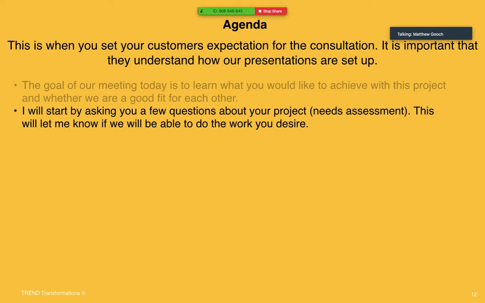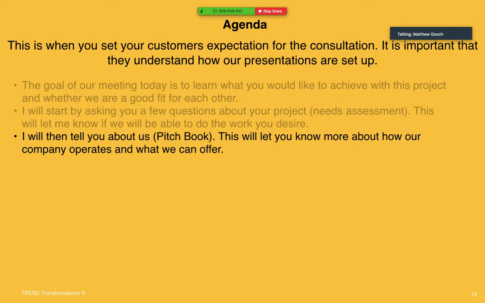One of these Zoom calls, you can go back and watch that if you'd like. This will let me know if we're going to be able to do the work that you desire. So really, you're just trying to nail down, hey, I need to ask you some questions to make sure I understand the scope of work before I can say, yeah, we can do that, or no, we can't do that.